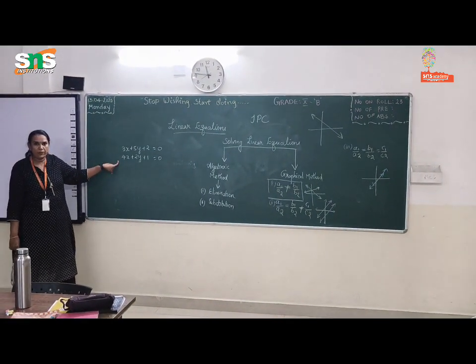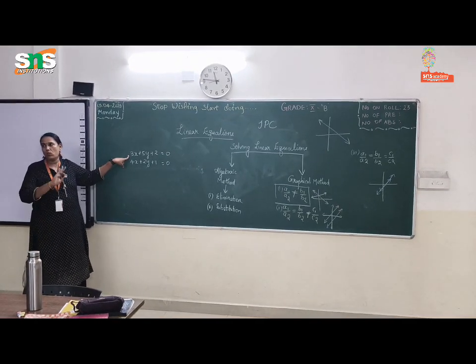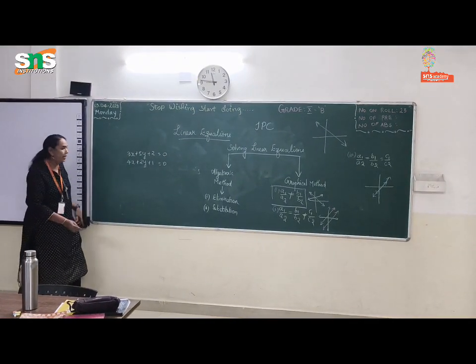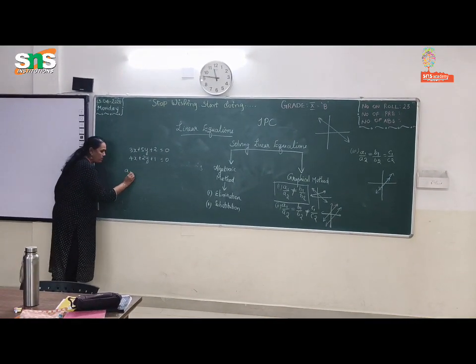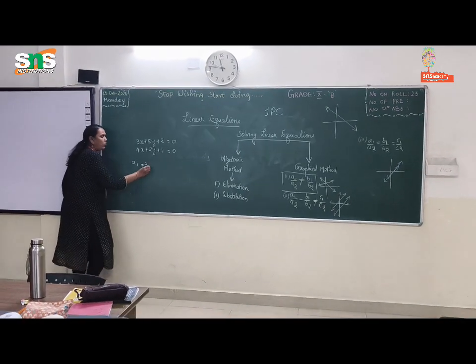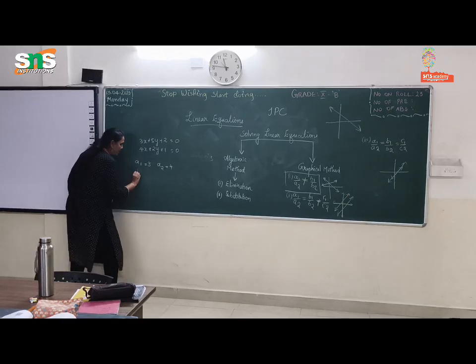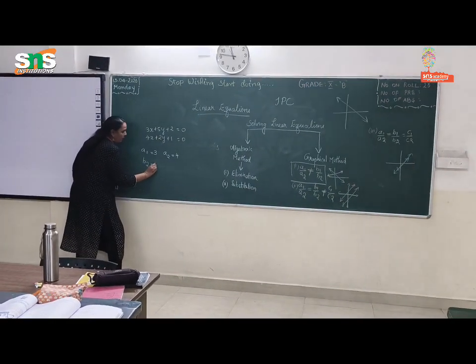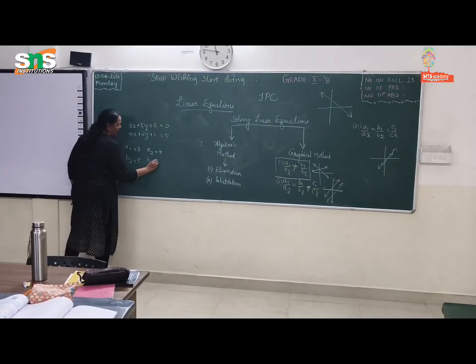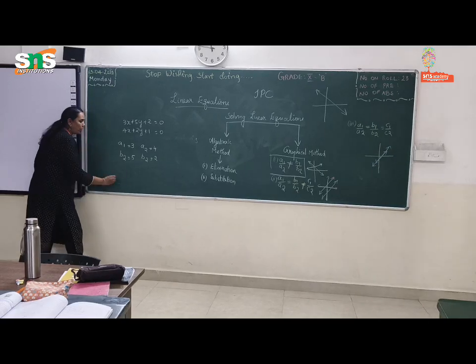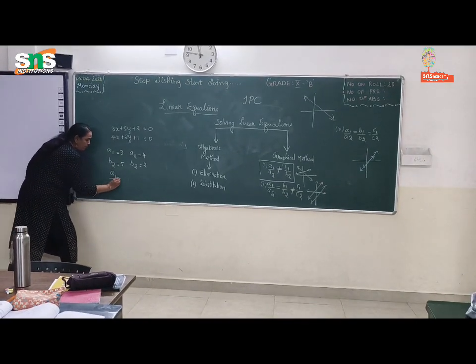Who is the a1 here? 3, only 3, please don't write along with the variables. a1 is 3. What about a2? 4. And then b1? 5. b2? 2.